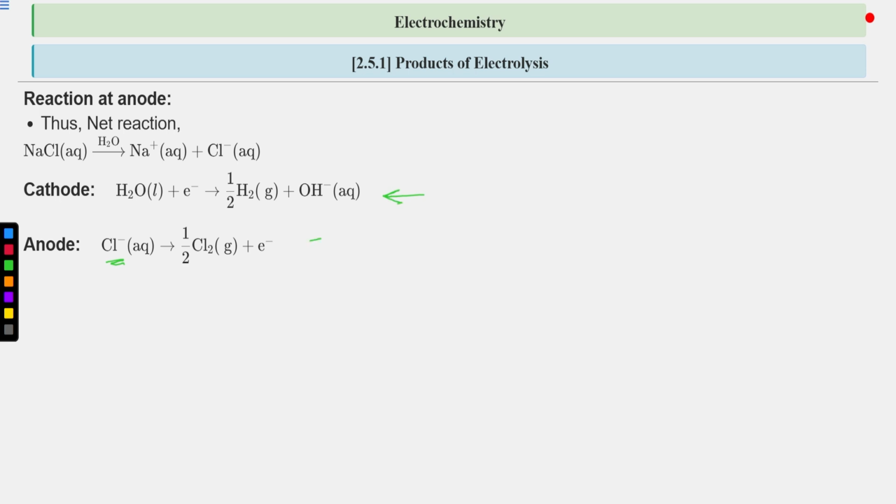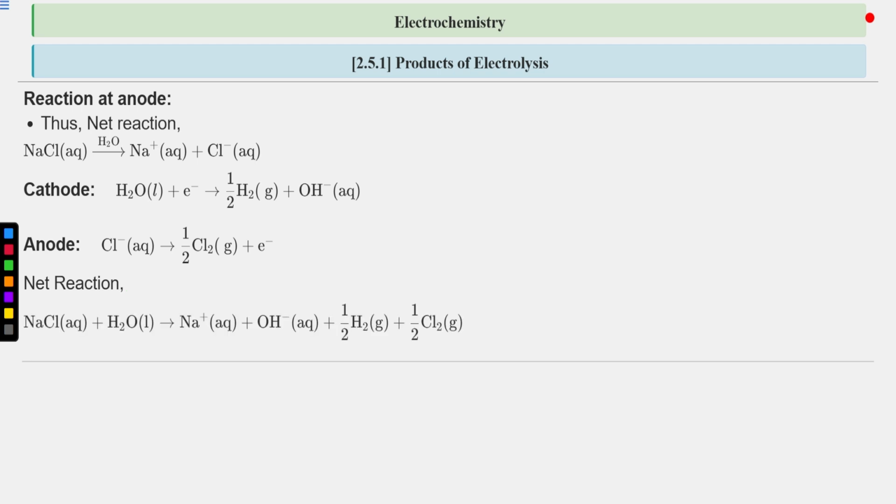So this is the cathode and anode reaction finally. Thus, the net reaction will become NaCl plus water giving Na positive plus OH minus plus half of H2 and half of Cl2. The electron and the chloride negative will cancel out.